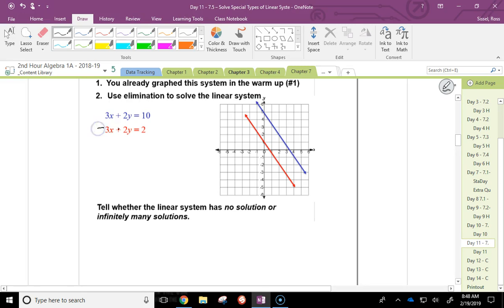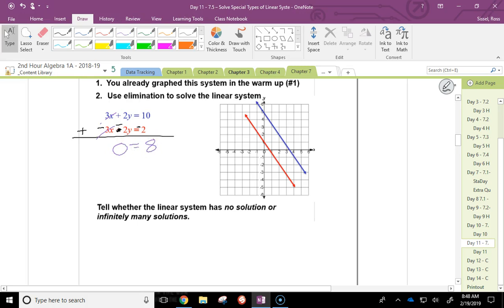I'm going to say negative, negative, negative. Now we can just go through that. So 3x minus 3x gives me 0. Those cancel out. 2y minus 2y, 0. 10 minus 2 is 8.